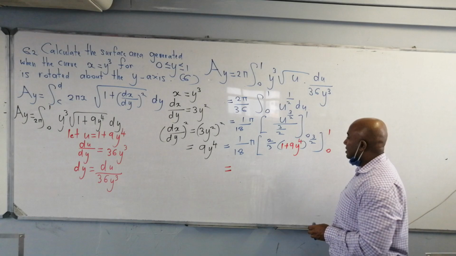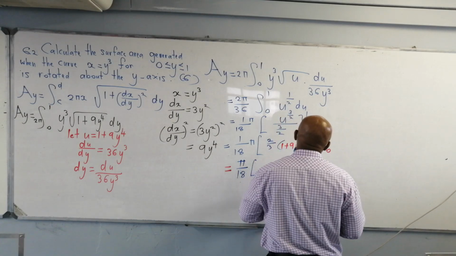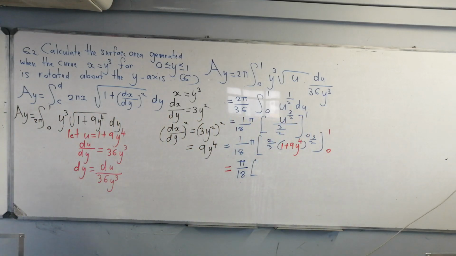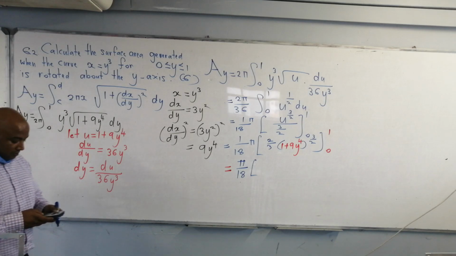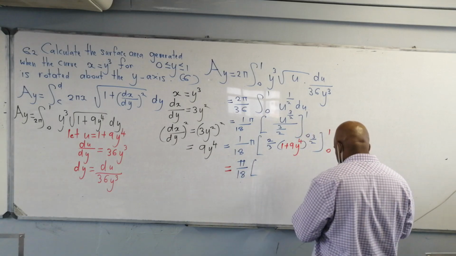Let's see what we get. 2 over 3 times 1 plus 9.